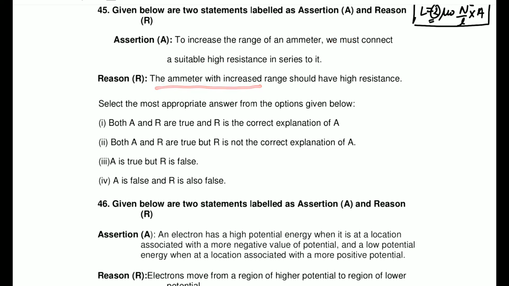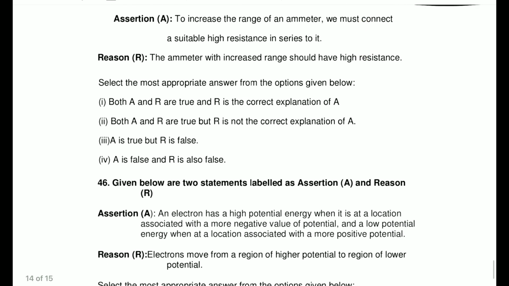The reason, that the ammeter with increased range should have high resistance, is also wrong. As it is connected in parallel, if the range is increased, the resistance will actually be low. If it was connected in series, then it would have been higher. So I think both statements are wrong.